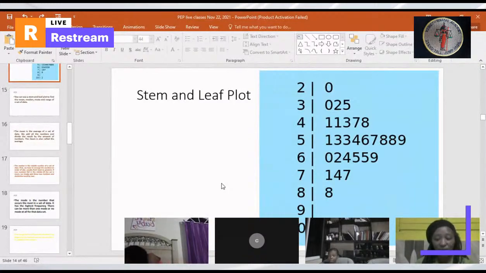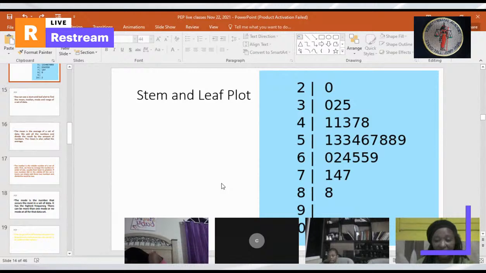In the second row, where we have the 3, we would combine each of those digits with the 3. So it's 30, and then we'd have 32 and 35. For the 4, we would have 41, 41 again, 43, 47, 48.